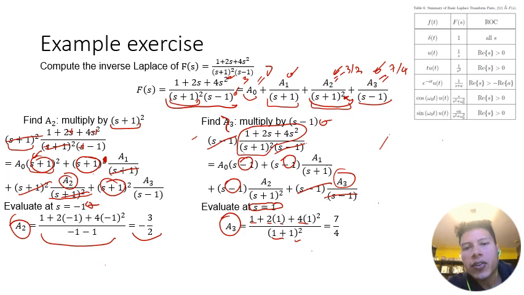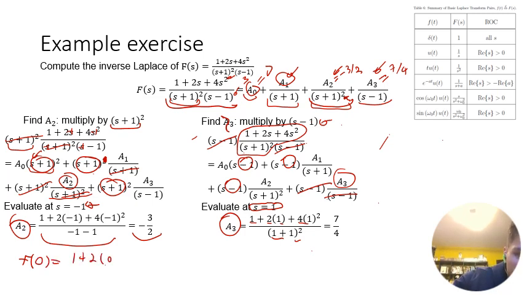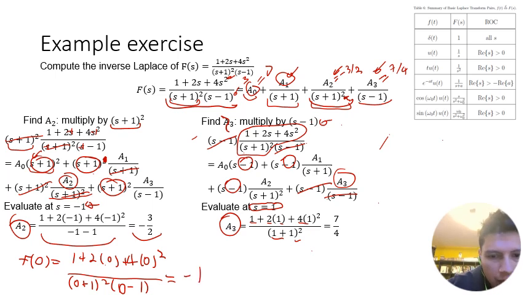So now, in order to get a1 and a0, we need two equations. Well, we're going to evaluate f of s at 0. So that's going to be 1 plus 2 times 0 plus 4 times 0 squared divided by 0 plus 1 squared times 0 minus 1, which will give me negative 1. And that's going to be equal to a0 plus a1. So remember, we're going to plug in 0 here, and 0 here.